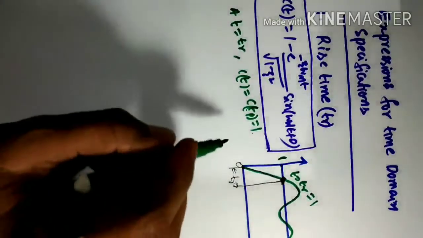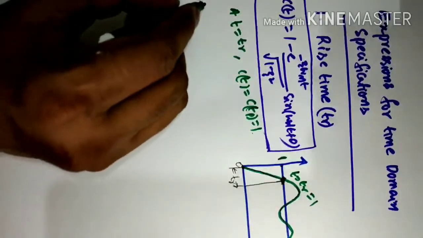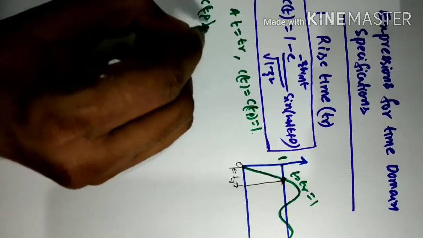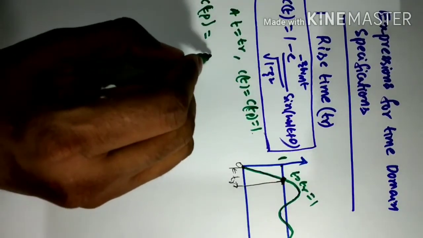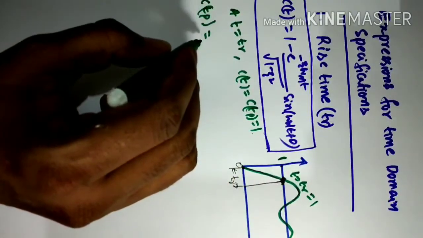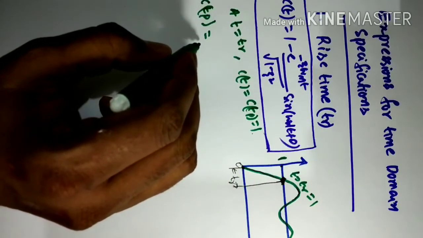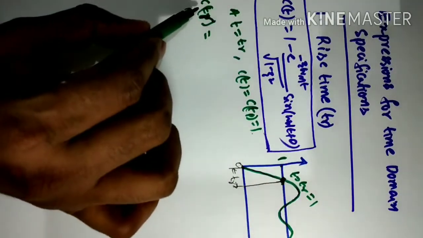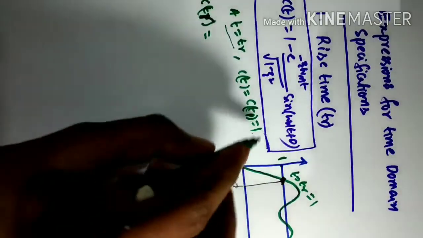Now we substitute in this equation. Here it is not TP, this is TR.